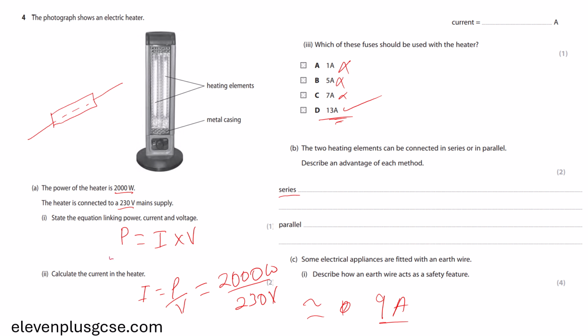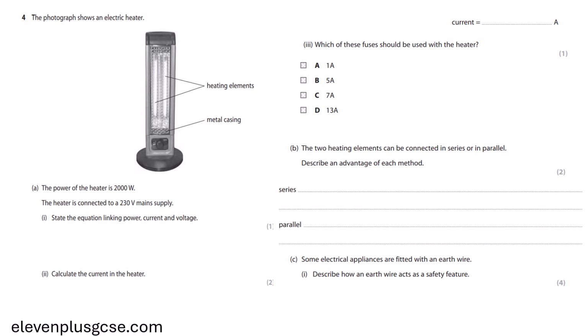Okay. Now, question C, I will just finish this video with this, but we're going to look at this later properly. Some electrical appliances are fitted with an earth wire. An earth wire is the one that is connected to the casing of the appliance, and it takes the electricity straight to the earth.